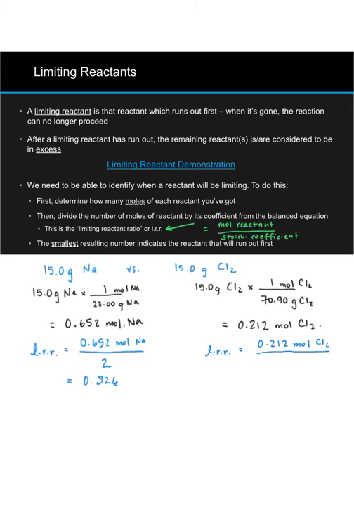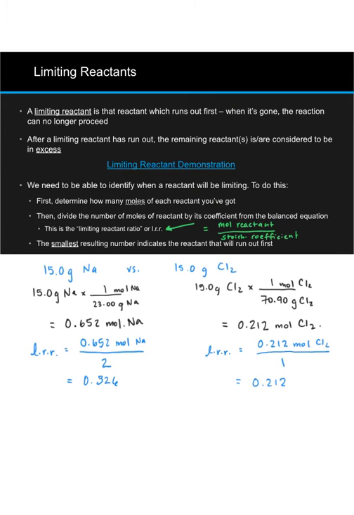In the previous slide's example, the stoichiometric coefficient in front of chlorine was 1. That's 0.212. Relative to how much of each of these reactants is required to make our recipe run and produce product sodium chloride, we still have chlorine present in a smaller relative amount.